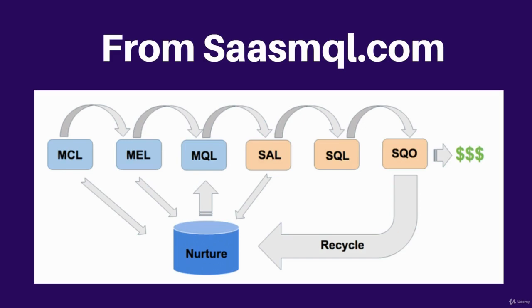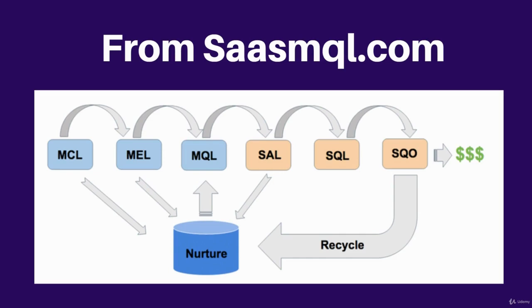These leads then become MELs, or marketing engaged leads. Next come MQLs, marketing qualified leads. The leads then move to the sales team where they become SALs, sales accepted leads, then SQLs, sales qualified leads. Lastly, sales qualified opportunities are converted into paying customers.